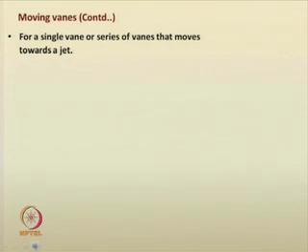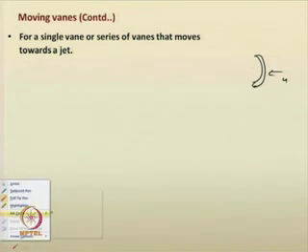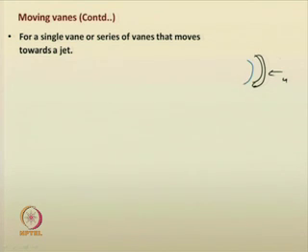What happens now? If a single vane or series of vanes moves towards a jet the other way. So, there is a vane like this, moving with a velocity u in this opposite direction, whereas there is a jet of fluid that came like this, V 0, and this is V 0 like this.